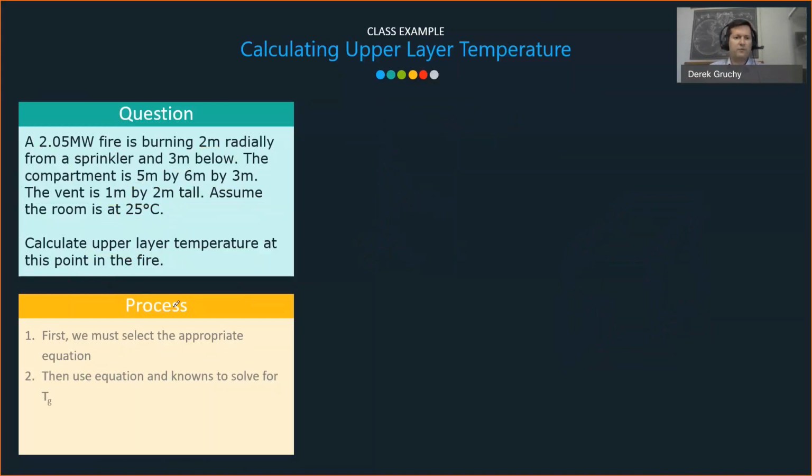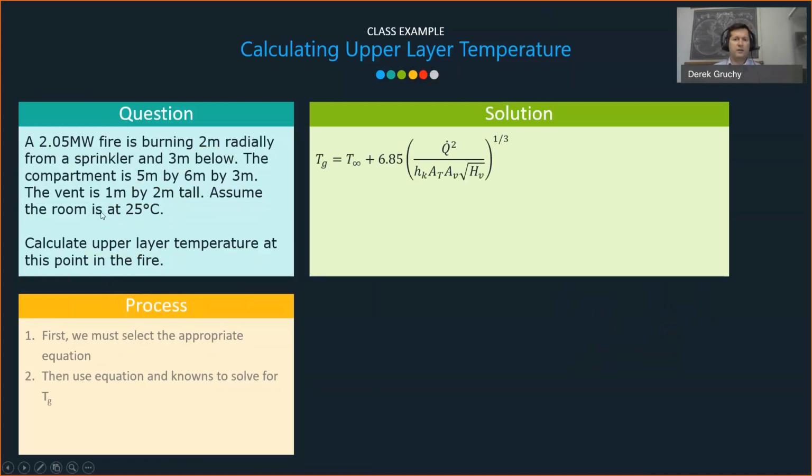Okay, so we have to, using this, use the temperature of the upper layer formula. And so that's going to be the ambient temperature. So that's going to be the 25 degrees Celsius. And then the upper layer temperature is going to be this much hotter.